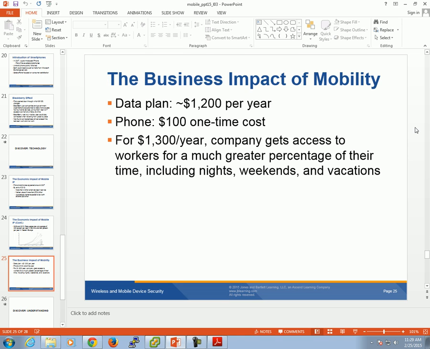And they may give it to you free, but guess what? Truthfully, you're actually paying for it. Exactly. It says for $1,300 a year, the company gets access to workers at a much greater percentage of their time. So, even though Rose State's not paying for my phone, they're actually getting my usage more than that. And when I used to work for an ISP downtown, I made so many phone calls, they actually started paying for my phone. But then when I quit, I took it back.